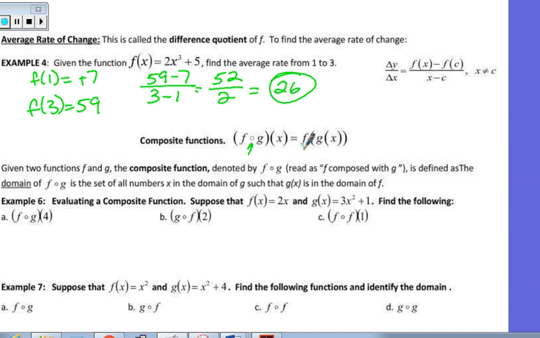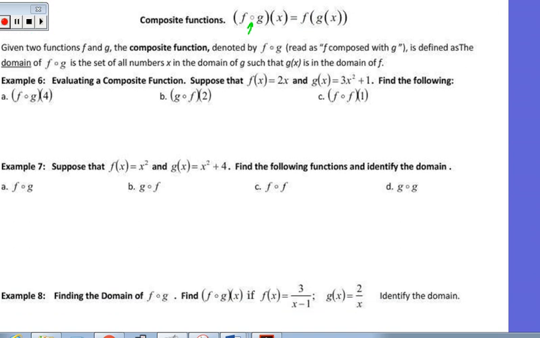So let's just kind of take a look at these guys here. I have two functions. I have one that is f of x, which is just plain old 2x. G of x is 3x squared plus 1. I want to know what is f of g of 4. So we're going to take 4 and you go to the first function and plug it in there.